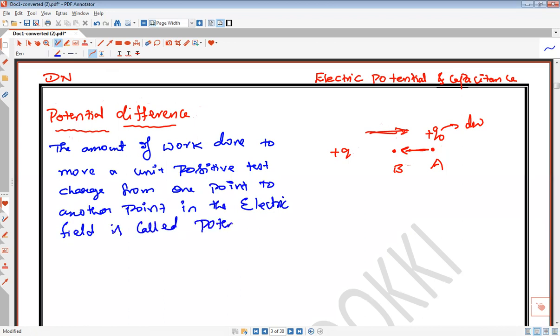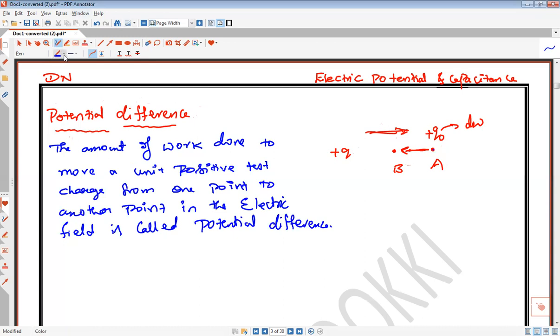So potential difference between any 2 points is defined as the amount of work done to move a unit positive test charge from one point to another point in the electric field. This is called potential difference. Right?